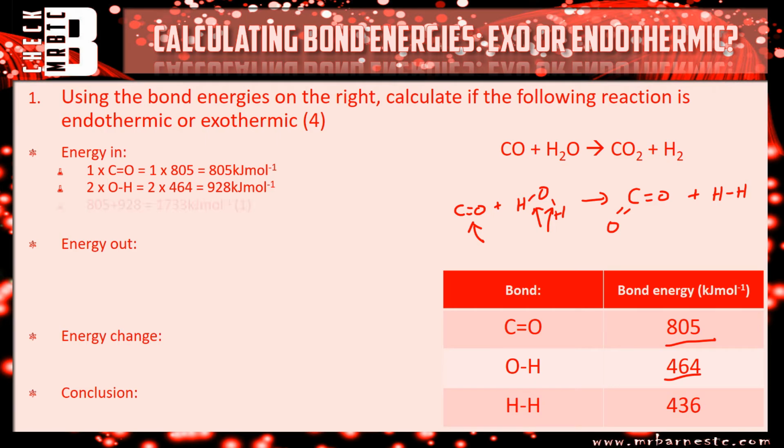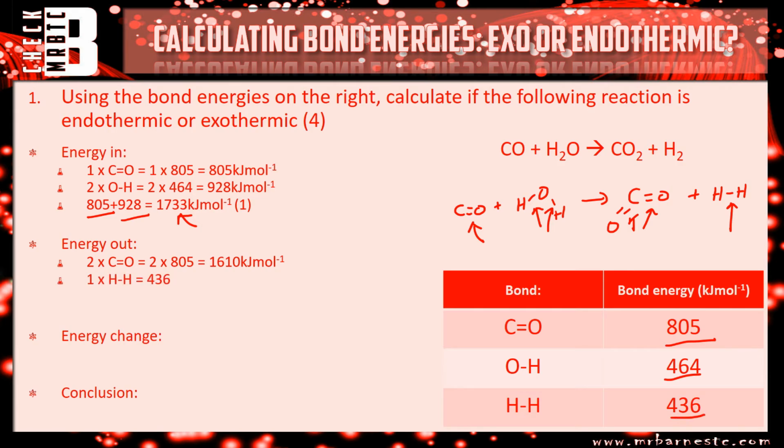So your energy in, and you get your first mark for working out the energy in, is 805 plus 928, so getting 1733 gets you your mark. If we move on to the energy out, I've this time got two C double bond O's, which gives me 1610. I've got one HH bond, which we know is 436. So add both of those together for my second mark, which comes to 2046.